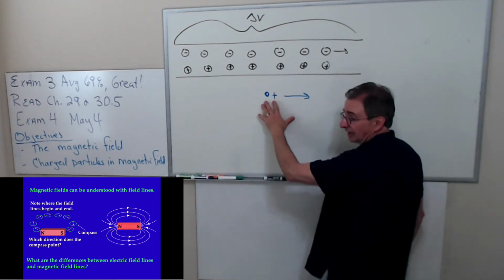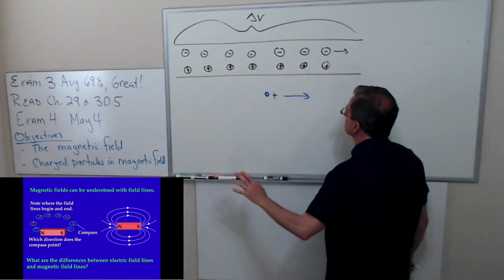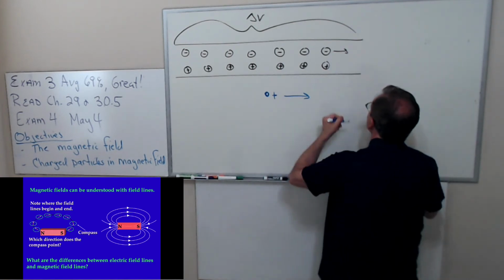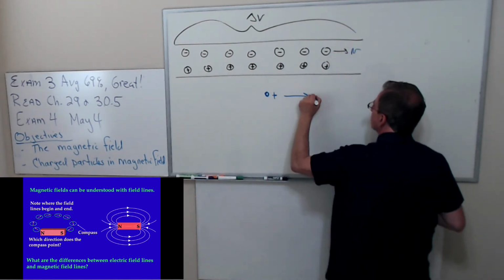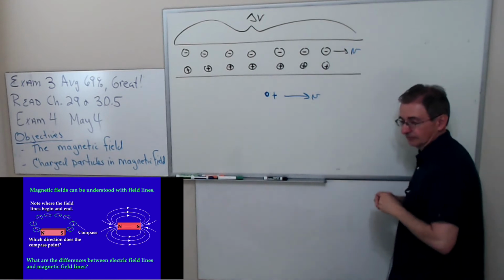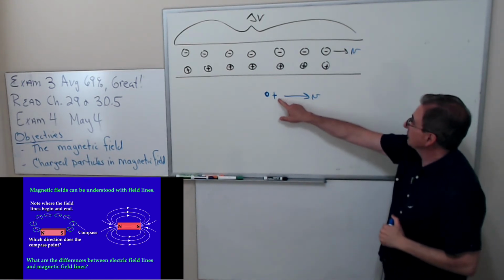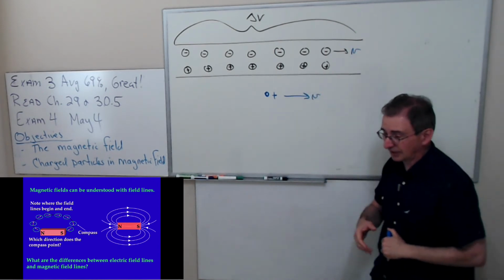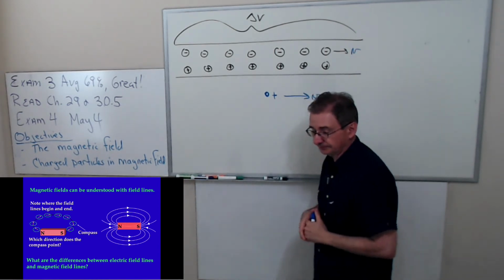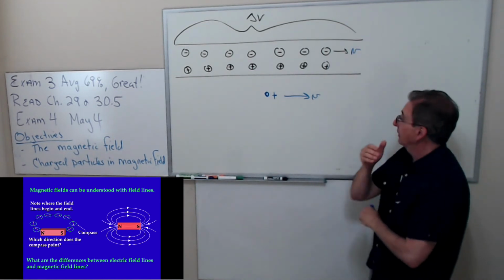Let's make this a little bit easier for us to understand. Let's assume that this velocity and this velocity are the same. Let's assume that the velocity of this positively charged particle is the same as the velocity of the electrons in the wire. Okay?